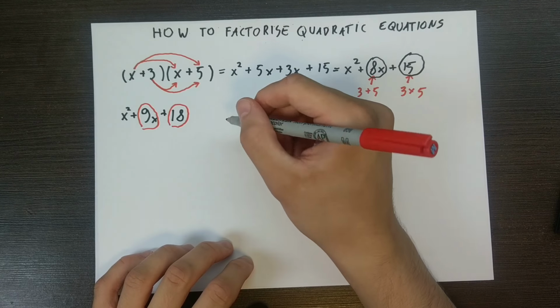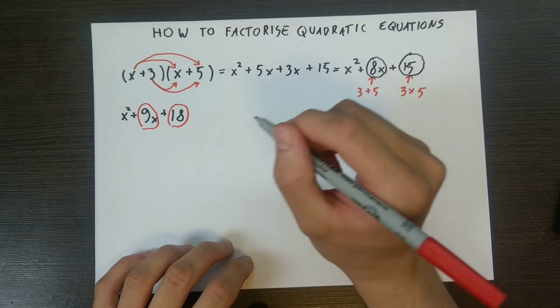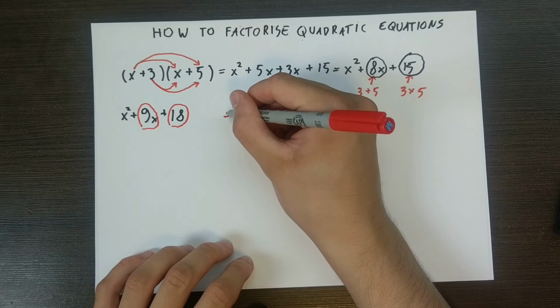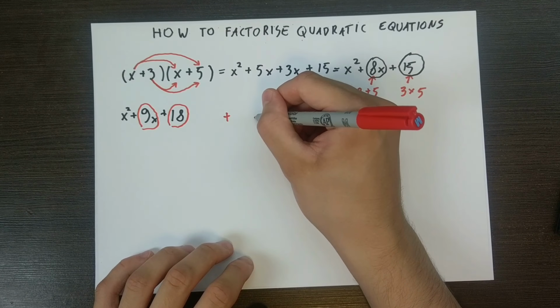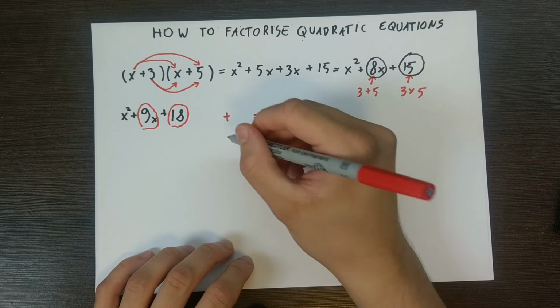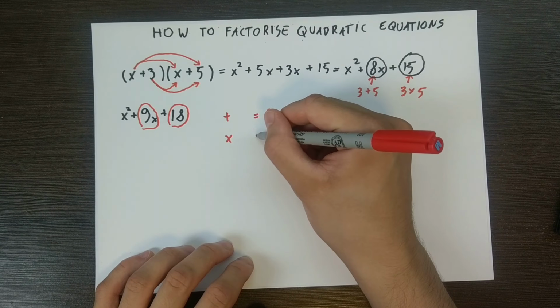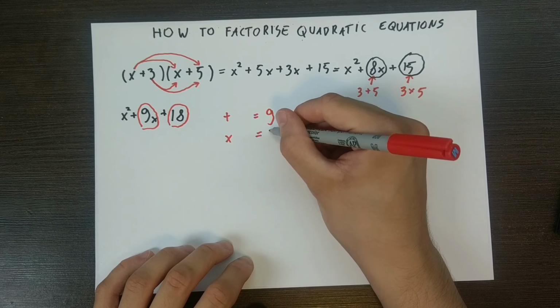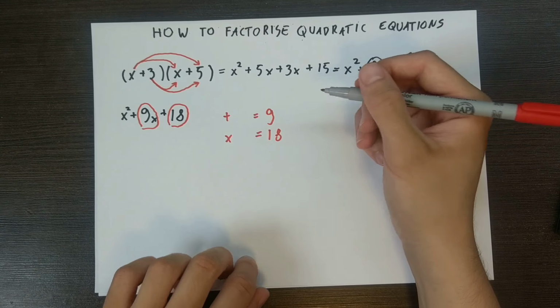So, in other words, we need to find a pair of numbers that adds to give us 9, and a pair of numbers that multiplies to give us 18.